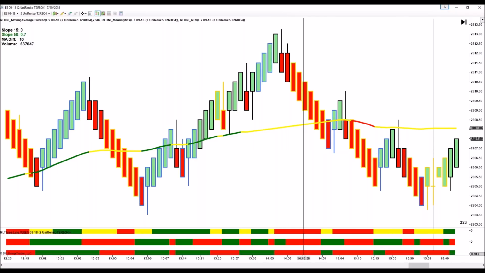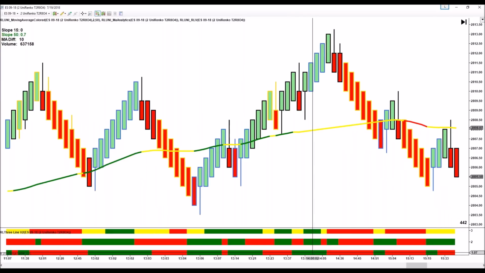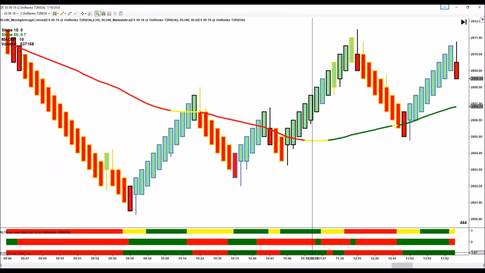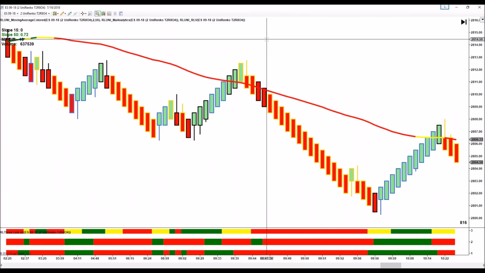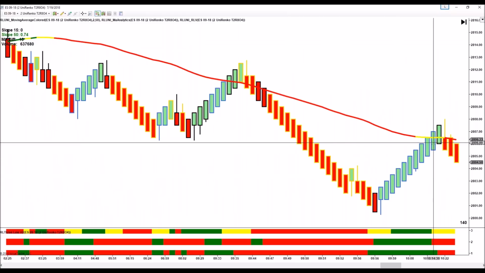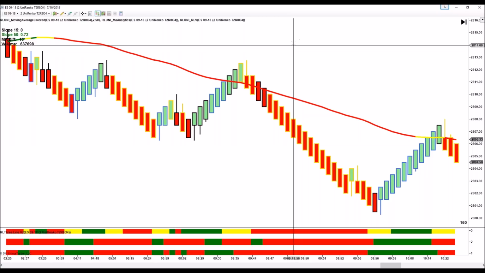If the bears are in control with both SMAs red, then this line is going to be red. So are there any questions about the 3-line? All right, good.